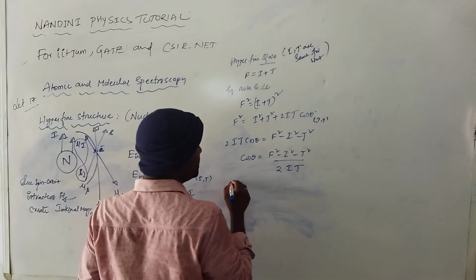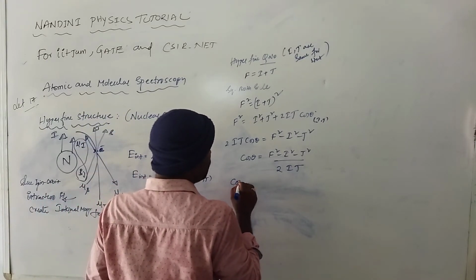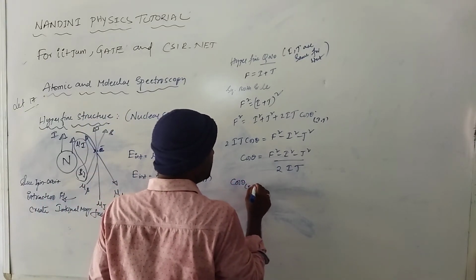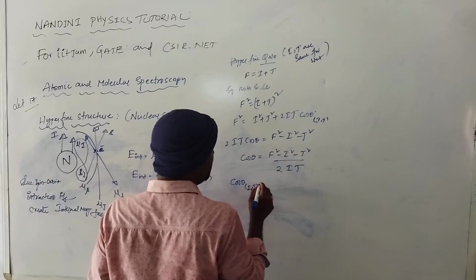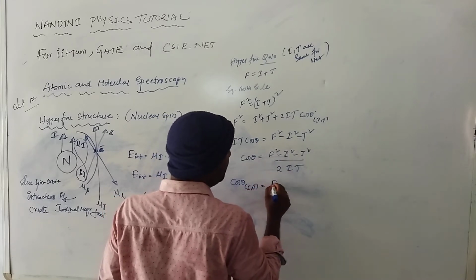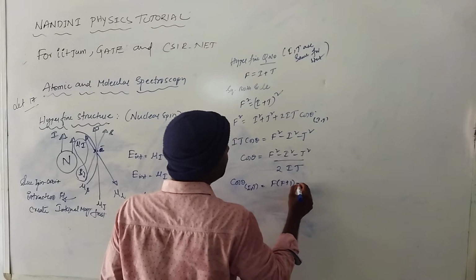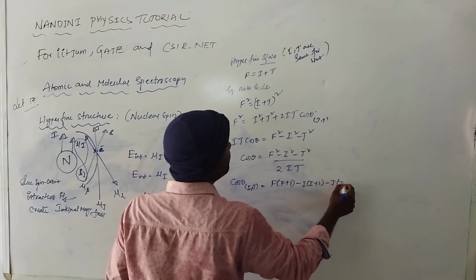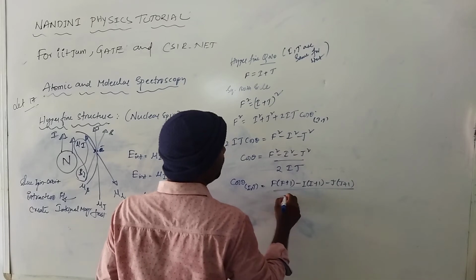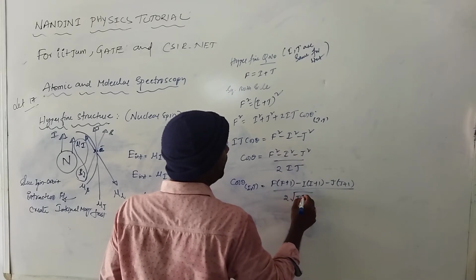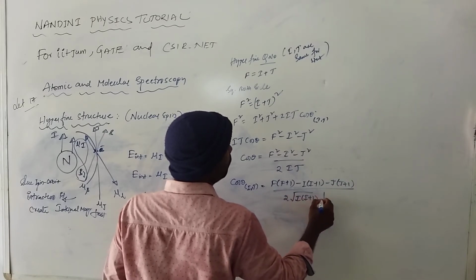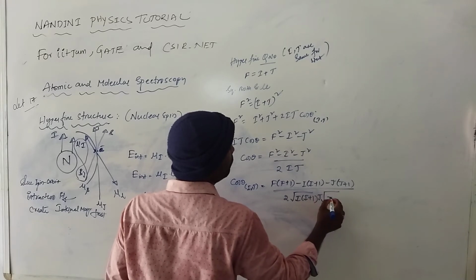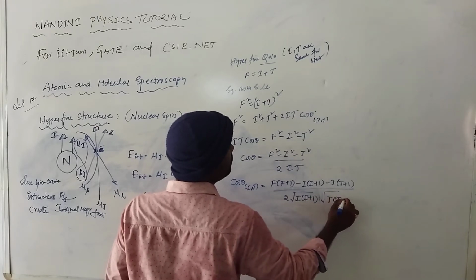So, you can write this cos theta I comma J as simply F into F plus 1 minus I into I plus 1 minus J into J plus 1, divided by 2 into root over I into I plus 1 root over J into J plus 1.